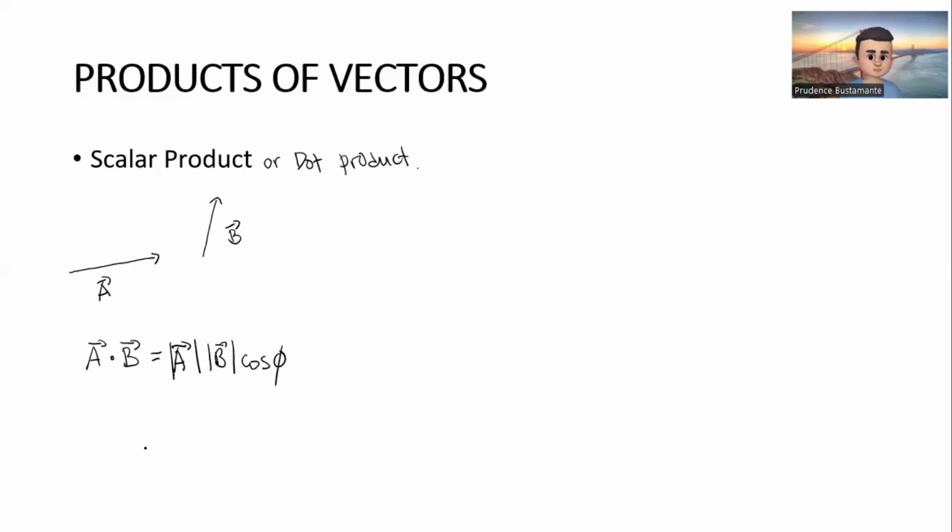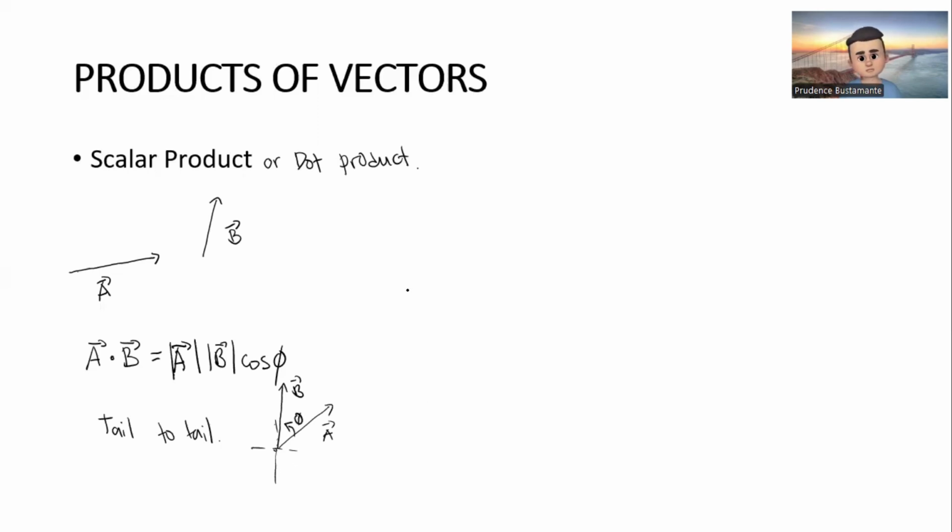If we put the vectors tail to tail, for example on a Cartesian plane, with vector A here and vector B here, we can see that there is an angle phi.